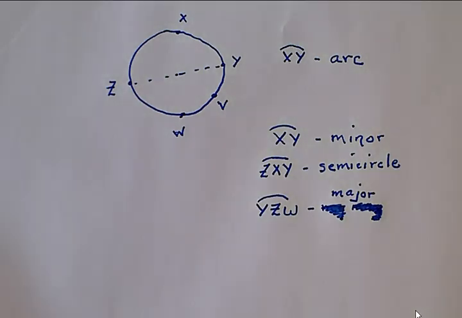So all of the arcs, which are pieces of a circle, have to require either 2 points or 3 points with the little umbrella symbol over the top.